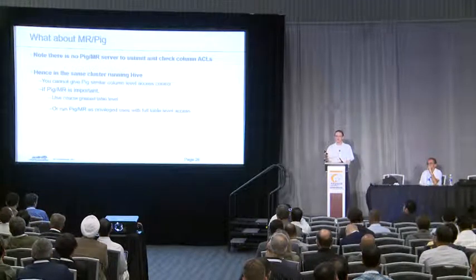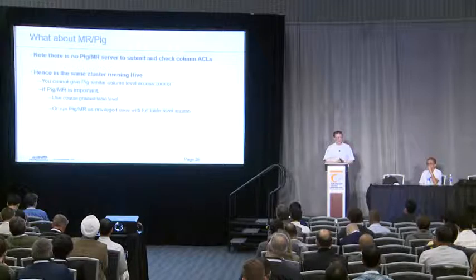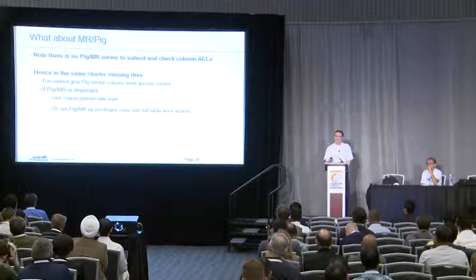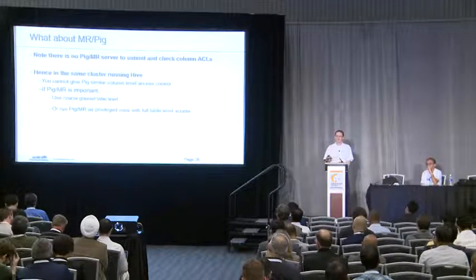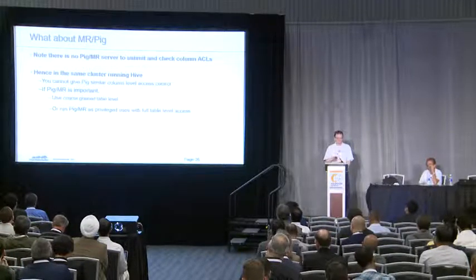There's no PIG server equivalent of Hive Server 2. There's not necessarily anything that precludes that architecture happening at some point in the future, but the current state is that job submission is driven client-side for those, so there isn't a central place to enforce the authorization rules.